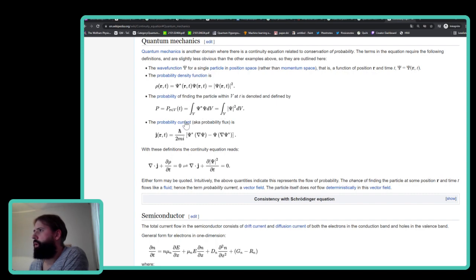The probability current, flux. I want to understand where this is coming from, because that bothers me a lot. I don't want to just know that I have this, and that's why I'm definitely going to spend more time on this.